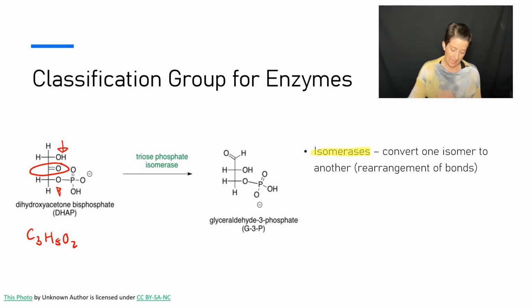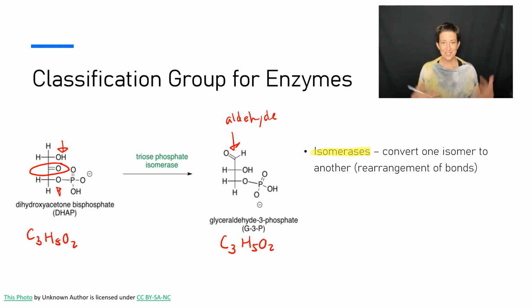Then it can undergo a rearrangement to G3P. So G3P is what continues down through glycolysis to make pyruvate. G3P's molecular formula is also C3H5O2. The difference is this is now an aldehyde. So same molecular formula, just different rearrangement of those bonds.